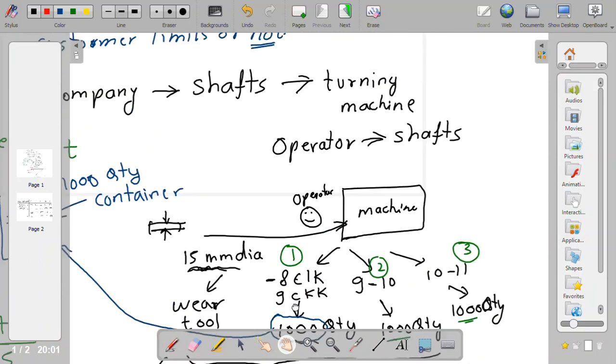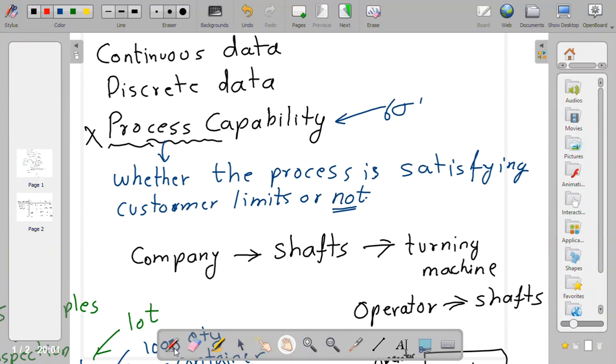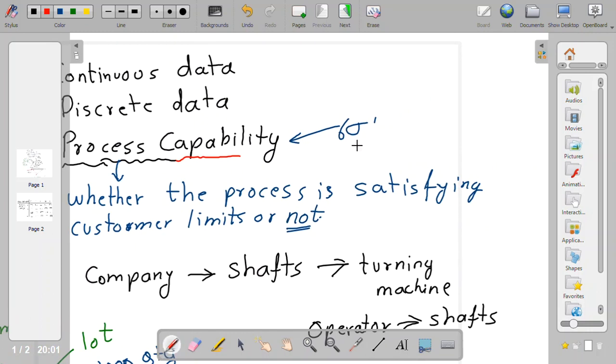That time we have to go further and check for process capability. If process capability is greater than your customer limit or specification limit, that time we can say that your process is not satisfying customer limit.